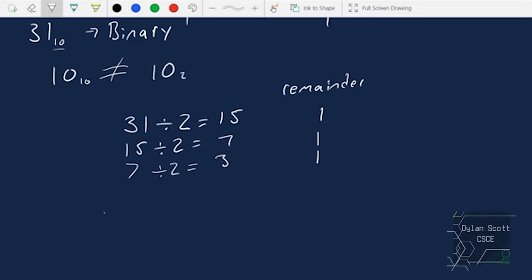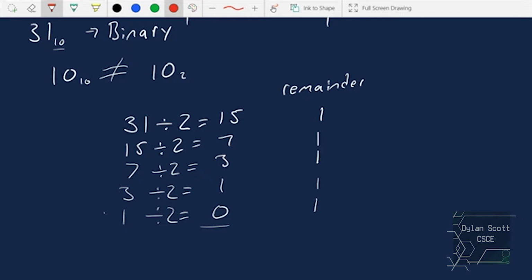There's a remainder of 1. 3 divided by 2: 2 goes into 3 one time. There is a remainder of 1. 1 divided by 2 equals 0, and there is a remainder of 1. When the quotient is 0, that is when you can stop.